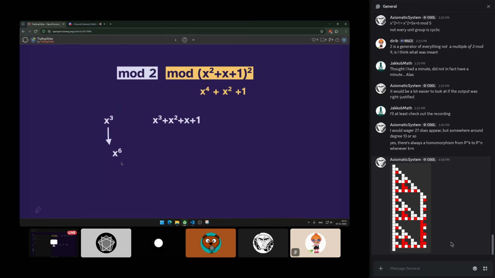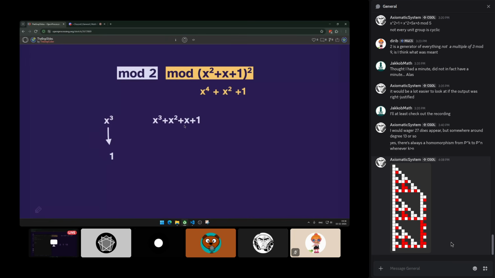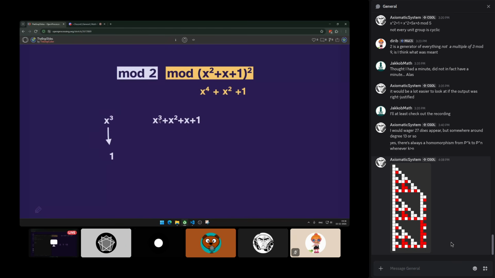Yeah, go ahead. Yeah, and then x to the 6th minus 1 is the modulus times x squared minus 1. Oh, shoot. Okay, yeah. So this ends up just being 1. X to the 6th is 1. Mm-hmm. Okay. So then this squares to 6, 4, 2, 1. But then a multiple of this is 6, 4, 2.